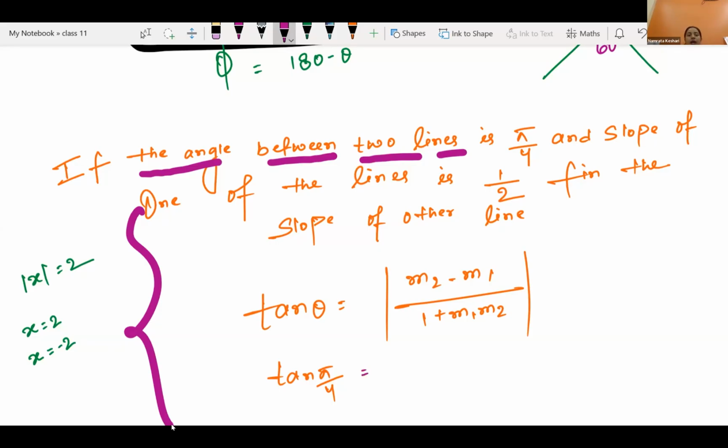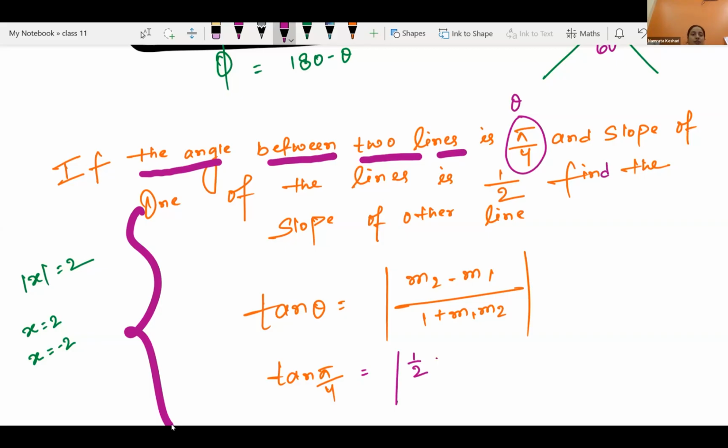If you understand this, it will help over here, because mod is there. The angle between two lines is pi by 4, so this is theta. The slope of one of the lines is 1 by 2, that means m1 is 1 by 2, and we have to find the slope of the other line, m2.